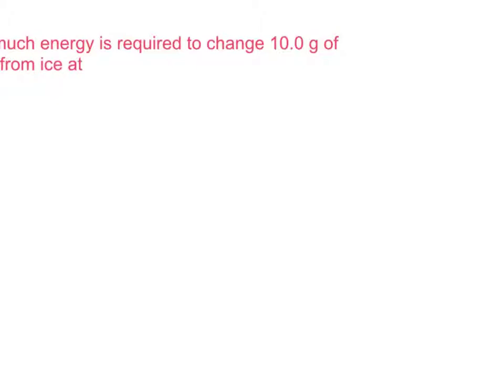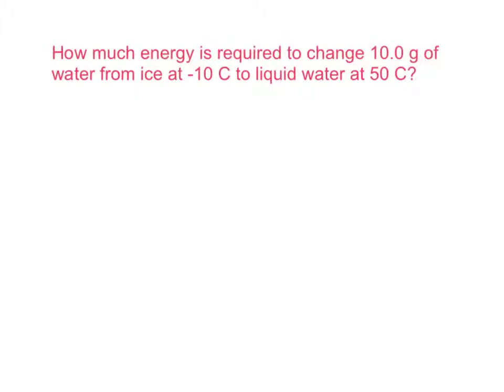So let's see how much energy is required to change 10 grams of water from ice at -10 degrees Celsius to liquid water at 50 degrees Celsius. Make a little more space there. So don't forget to put your degree signs in there as well.